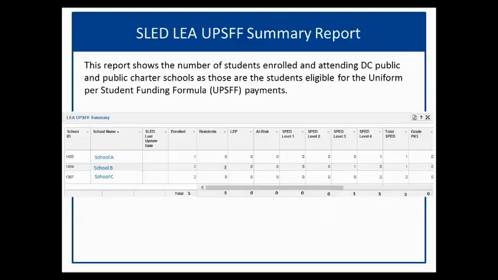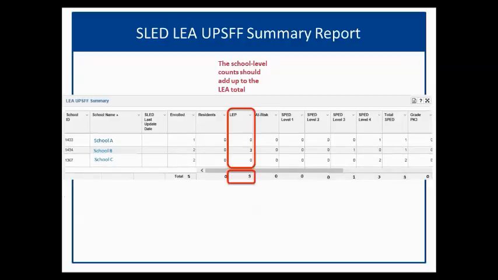And then once you're in SLED, to actually review students' information and what's actually being transferred over, in the SLED report, you can see at the LEA level and at the school level, there's a field called LEP, and this will show your LEA total by school of how many students are being identified as LEP.